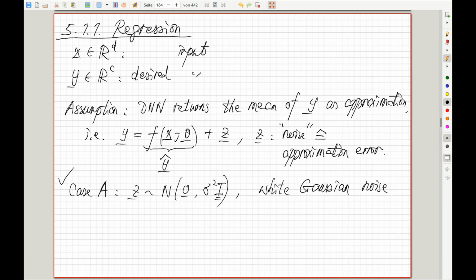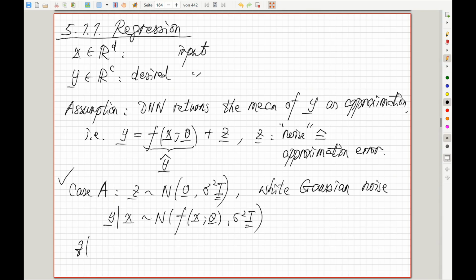White because our covariance matrix is identity matrix, so all the random elements in the vector Z are independent, uncorrelated, with the same variance. This also implies our output Y conditioned on the particular vector input X is also Gaussian distributed. If X is given, then the estimate Y hat is given. It is actually the mean of the Gaussian distribution with the same covariance matrix.